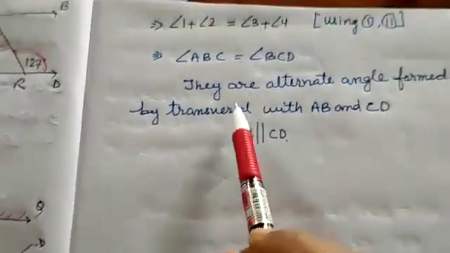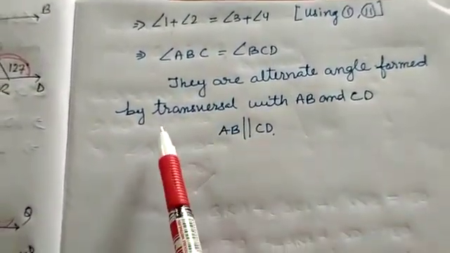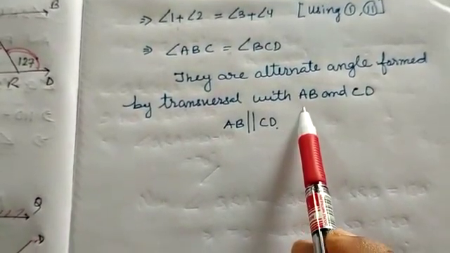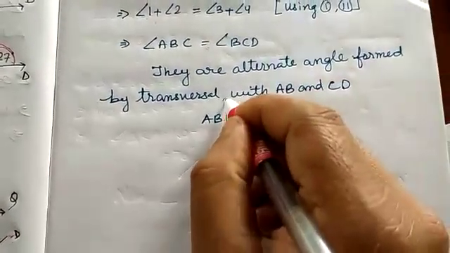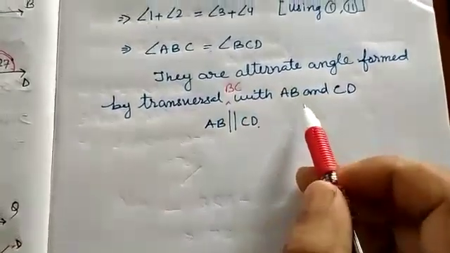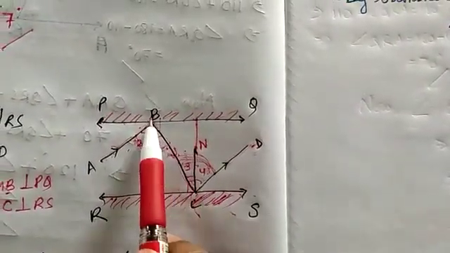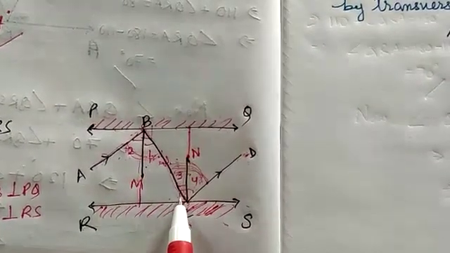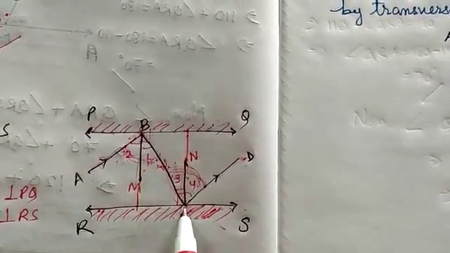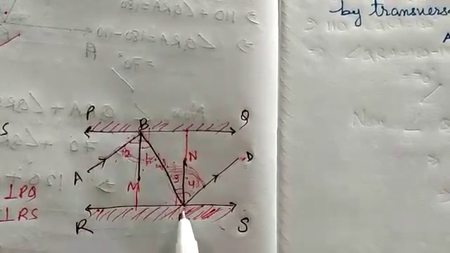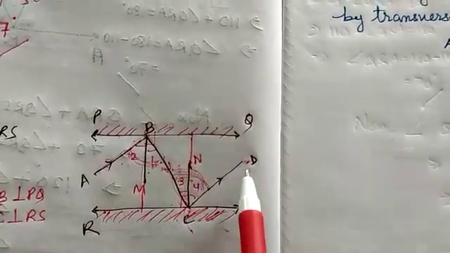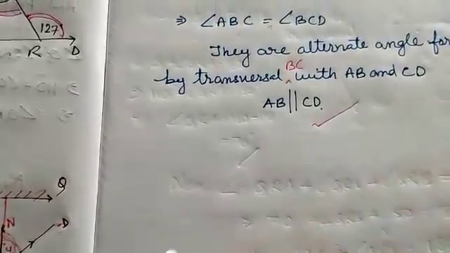So I wrote they are alternate angles formed by the transversal, I mean here BC with AB and CD. I repeat again, these two are alternate angles formed by the transversal BC with AB and CD, and therefore AB is parallel to CD. Proved. Thank you.